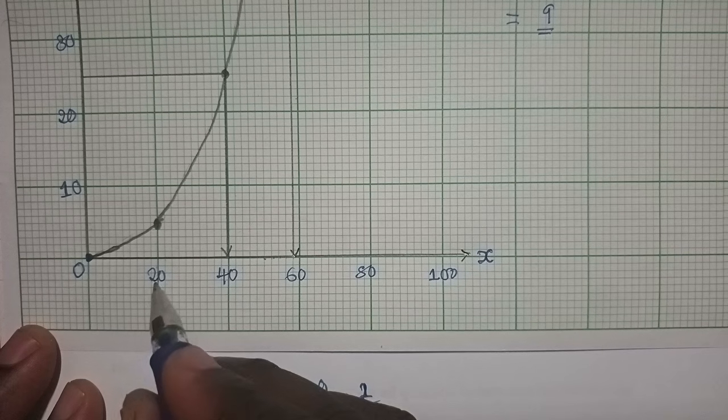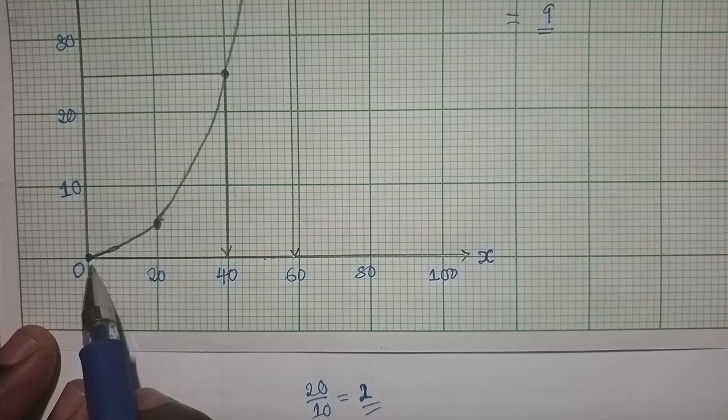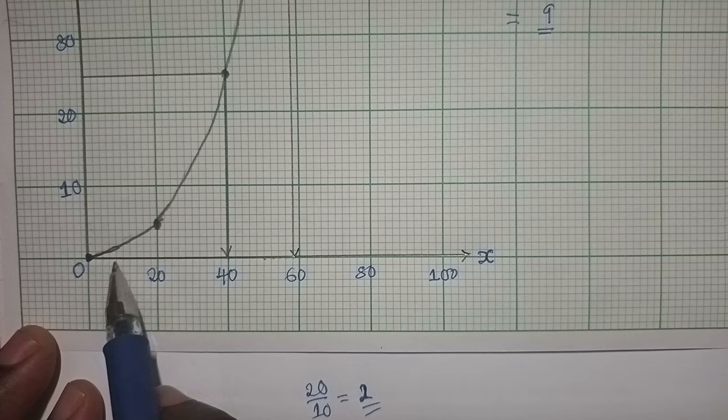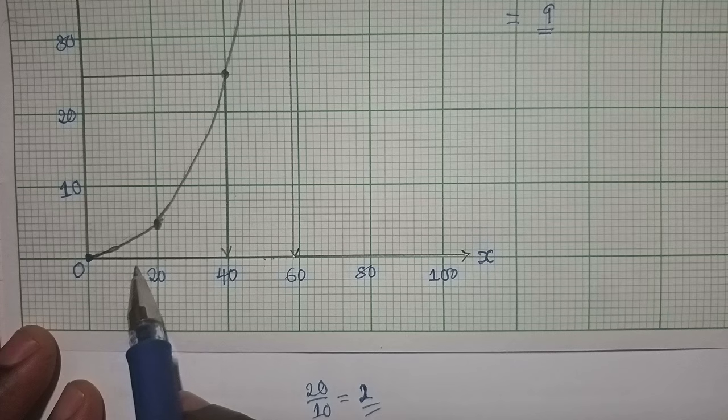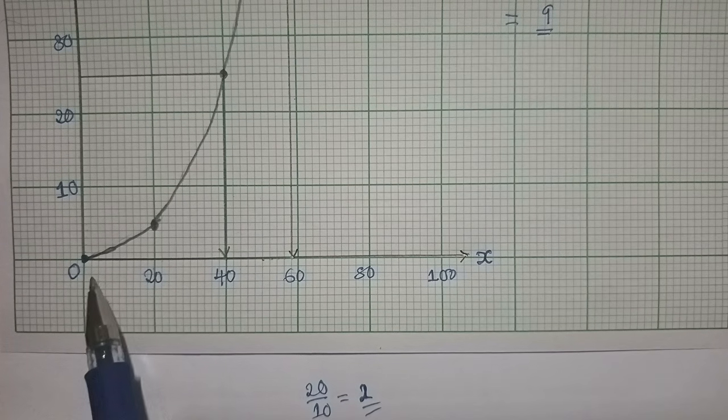Have you seen? 20 divided by the number of these small lines, which is 10, it will give us a 2. So meaning each line here is a 2. So 2, 4, 6, 8, 10, 12, 14, 16, 18, and 20 there. So you can see the way I'm counting. So each line, I know that it's a 2.